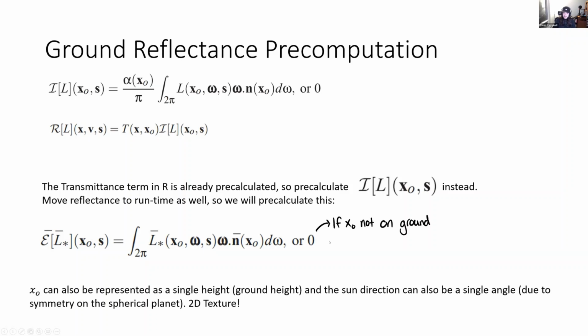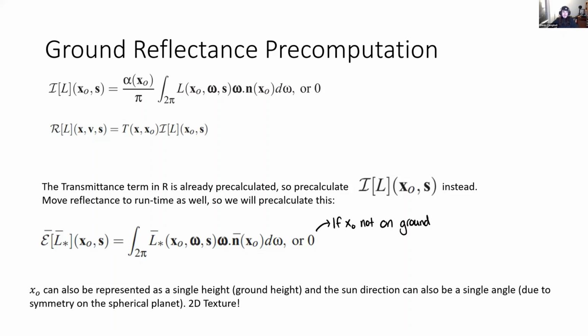And notice that if the end of your view is not on the ground, then this is just equal to 0, because there's no ground reflectance coming from the edge of the atmosphere, since it's not the ground. Just like the transmittance one, we can represent our position as just the height, because we're still assuming a spherical planet.